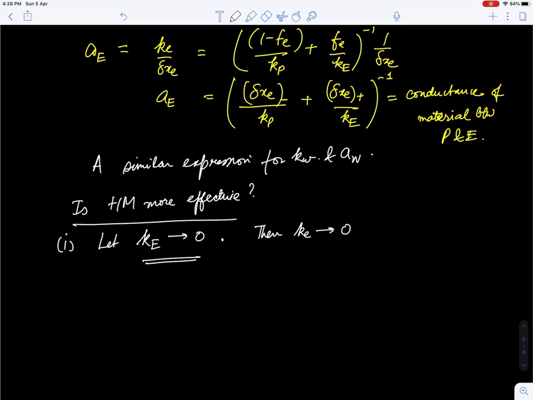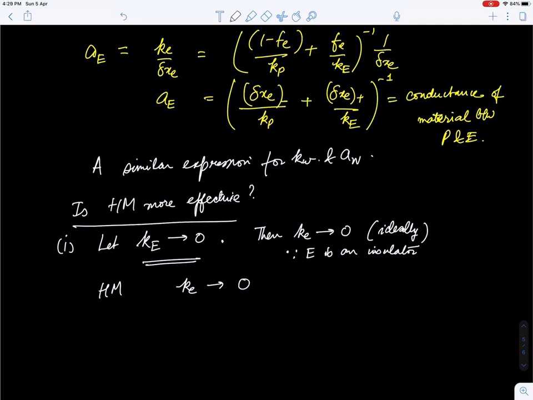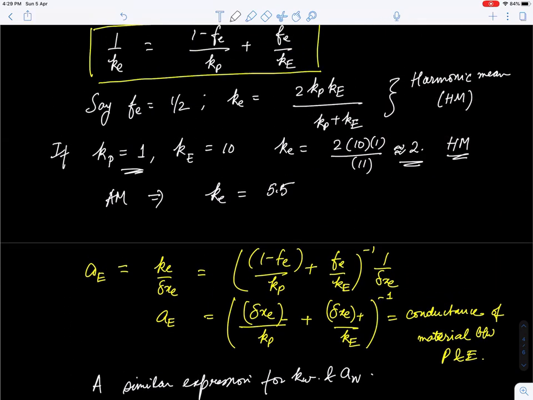Now if you look at the harmonic mean, ke will also be going to 0. So this is ideally what we want from the schemes. The harmonic mean will lead to ke going to 0, clearly, because E is an insulator.